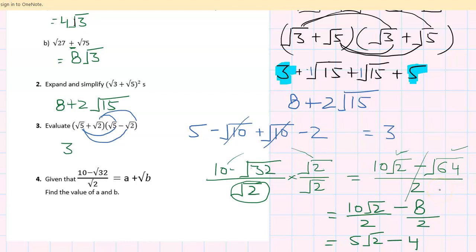This is supposed to be the question a plus b root 2.